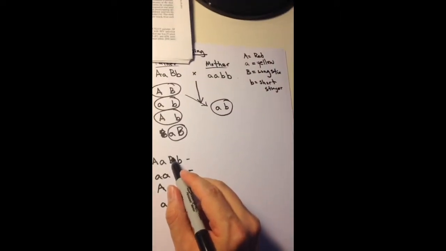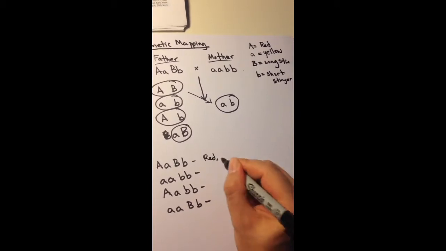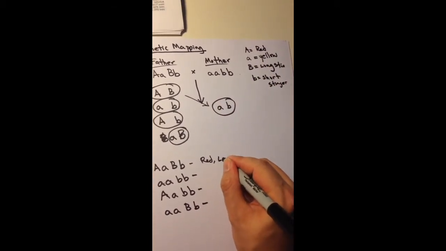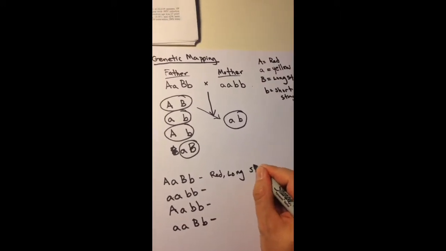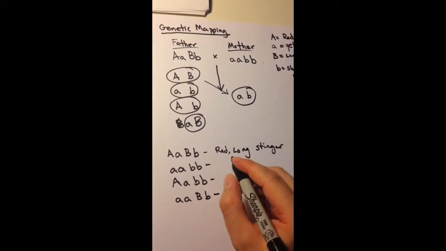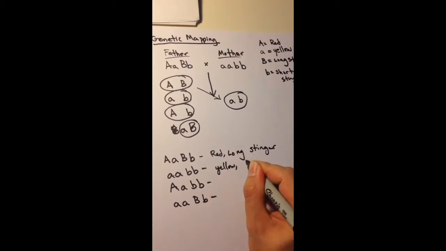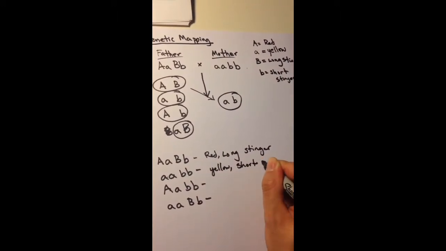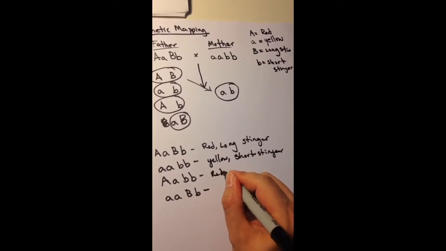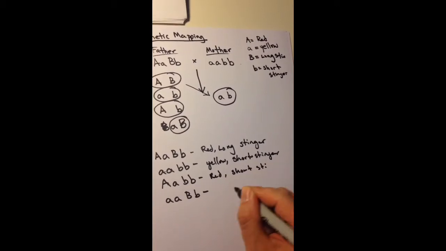The phenotype for each of these is going to be red and long stinger, just like the father's phenotype. This one is going to be yellow and short stinger. This one's going to be red and short stinger, and so on.